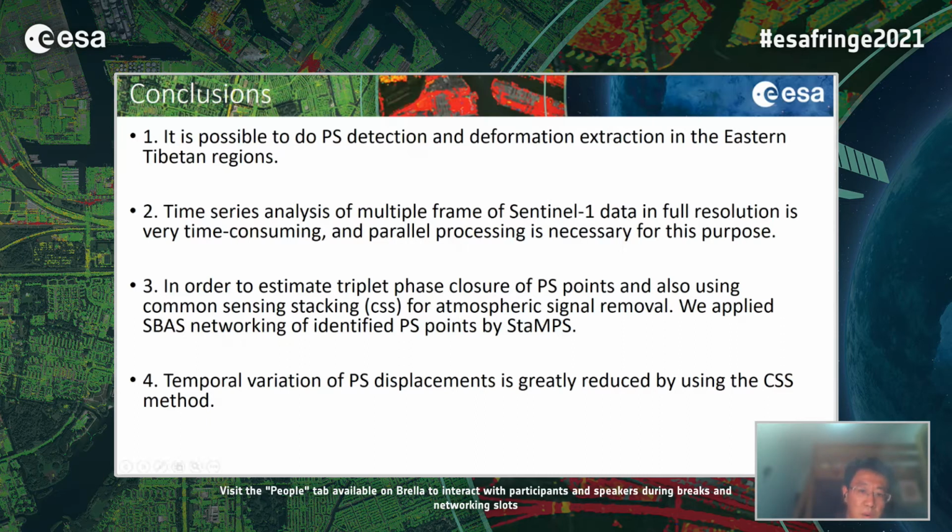So this is what we've done. We estimate phase closure of PS points, and also do the APS estimate using common scene techniques. We formed a sparse network using the identified PS points. And finally, the temporal variation of PS displacement maybe can be refined using the continuous GPS stations in the future.